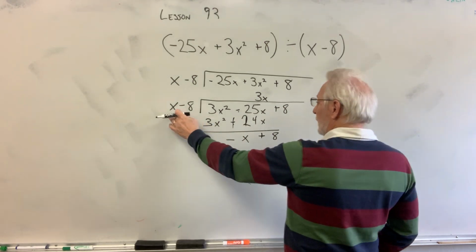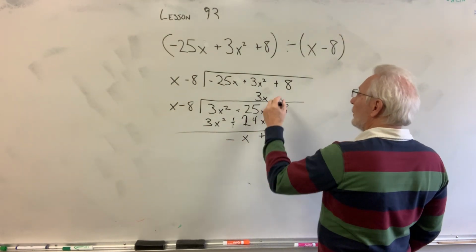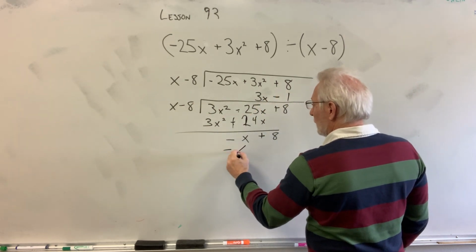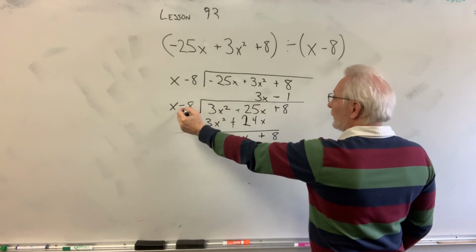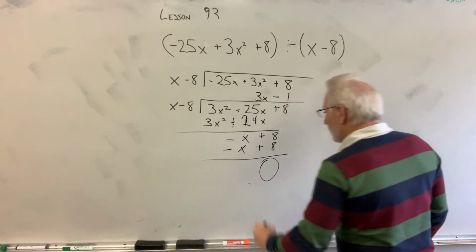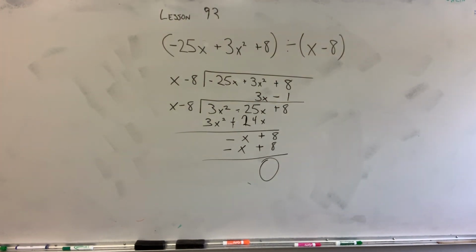And we do the same thing, the highest degree. Okay, x goes into negative x. What's going to do it? Minus 1. Negative 1 times x is negative x. Negative times a negative is a positive, plus 8. Look at that. That one came out completely without any kind of remainder right there. That's nice when it happens that way.